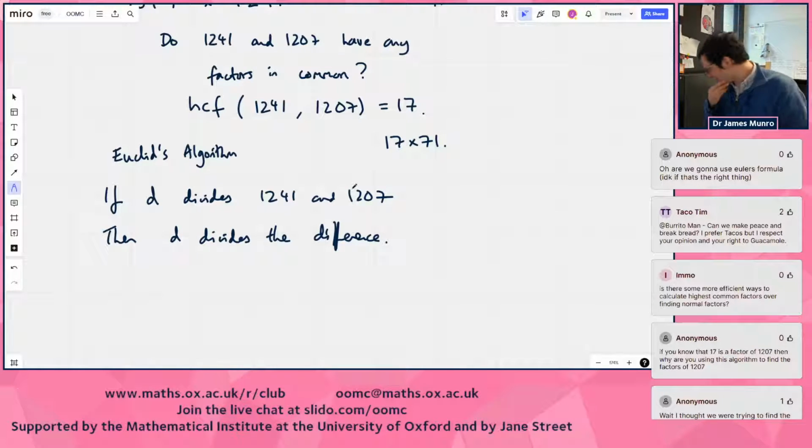We should be dividing the difference, right? The difference is 34 in this case. I've dropped my stylus. Where on earth has that gone? There it is. Threw that really far. So it divides 34, which is a really small number, right? And even better, I can factorize 34. I know what the factors of 34 are. Euclid's algorithm actually gives you a way to kind of repeatedly do this.